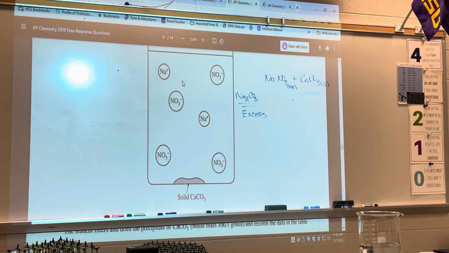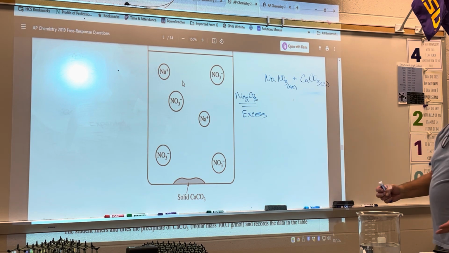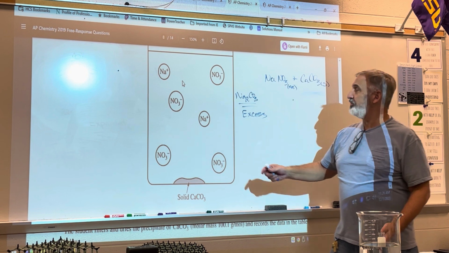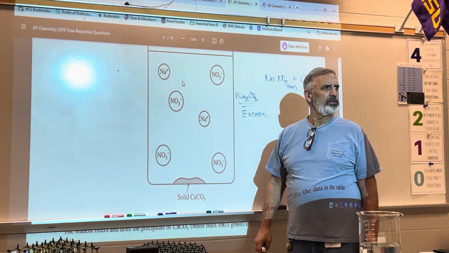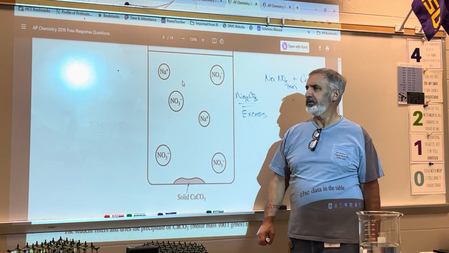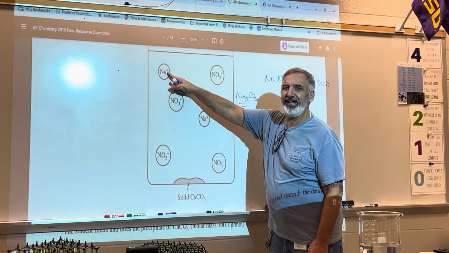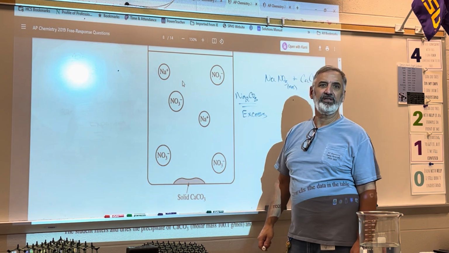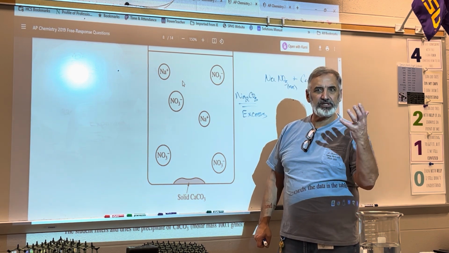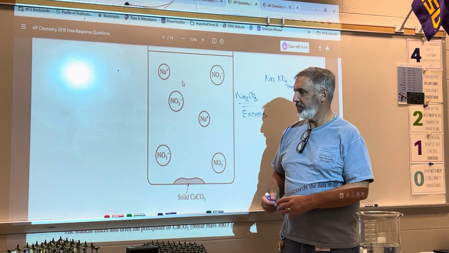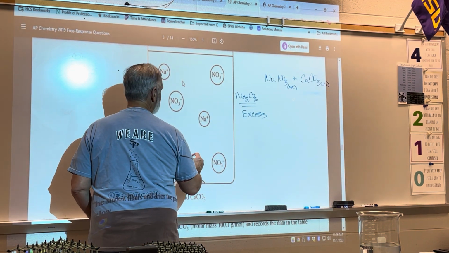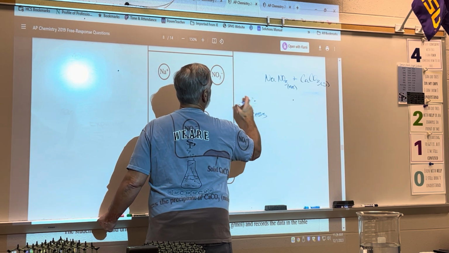Y'all, in a solution, everything's got to be balanced. Everything's got to be neutral. Where's the chemistry? NaNO3, NaNO3. How many calciums do I need? Just one. Calcium is a +2 charge. You put the excess as the one calcium nitrate. There we go.